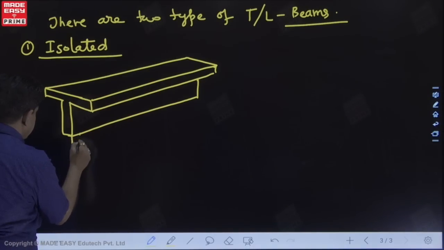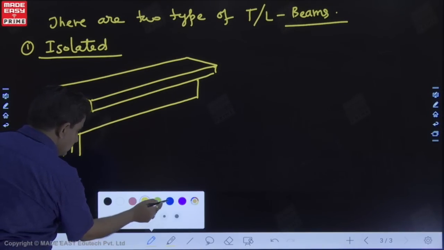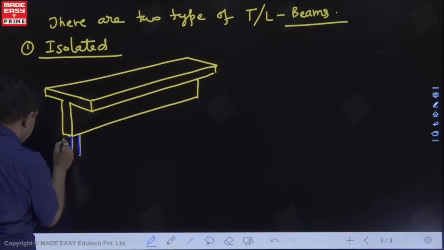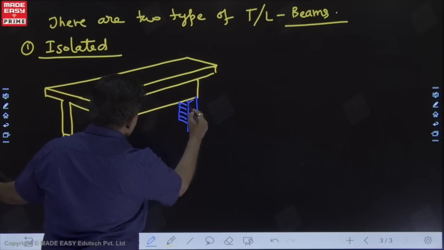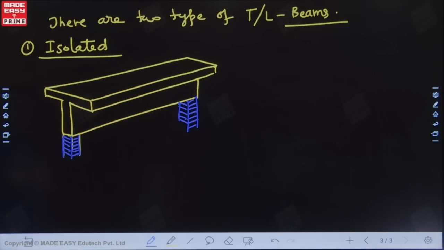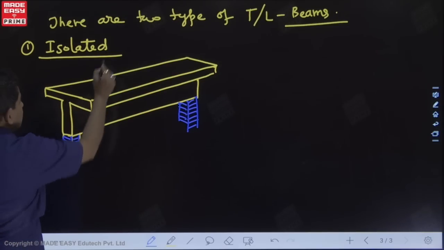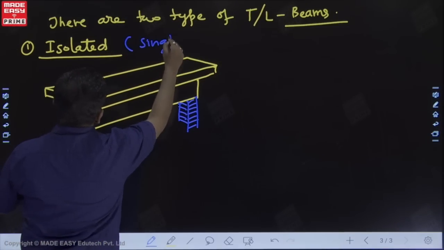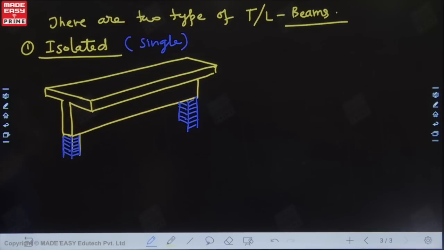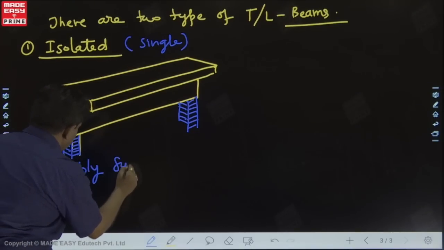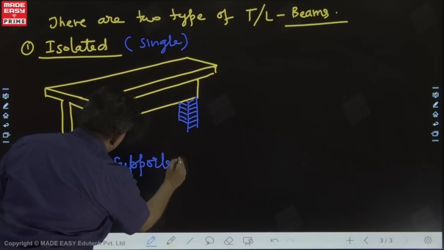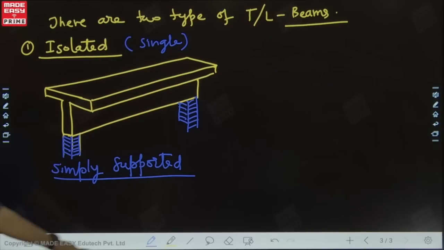Suppose it is supported over these supports. These are the supports, and here is another support. Then this is called a simply supported isolated T-beam. Isolated means single, a single T-beam. So this is a simply supported isolated T-beam.